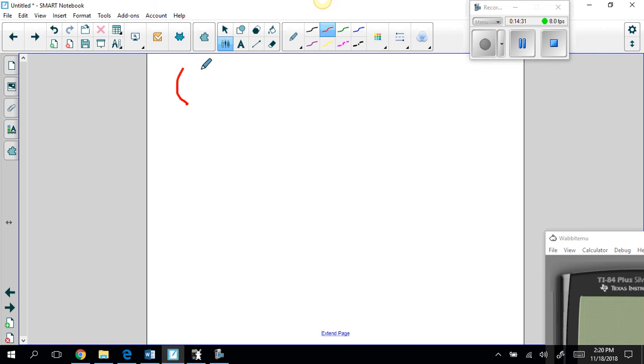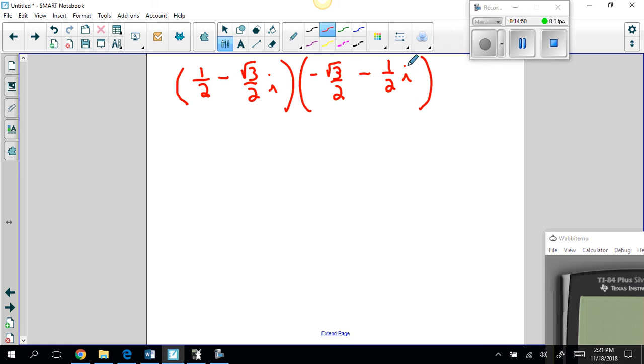So this is going to be dumb, guys. 1/2 minus the square root of 3 over 2 i times minus the square root of 3 over 2 minus 1/2 i. These are unit circle numbers, where x is 1/2, and we get negative the square root of 3 over 2.